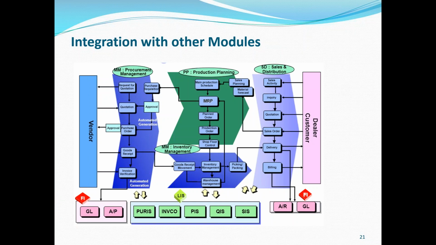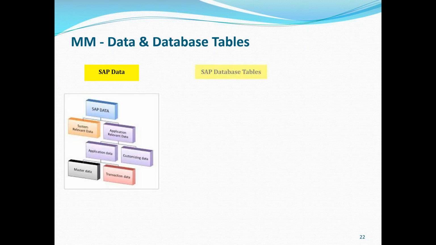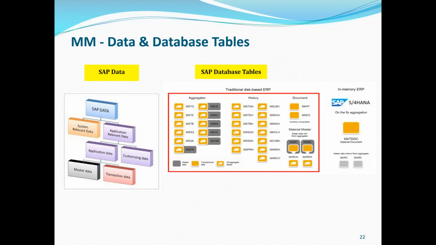And then we will try to understand the SAP data and SAP database tables related to MM, and what the delta changes are from the database point of view, which we will be discussing during our training.